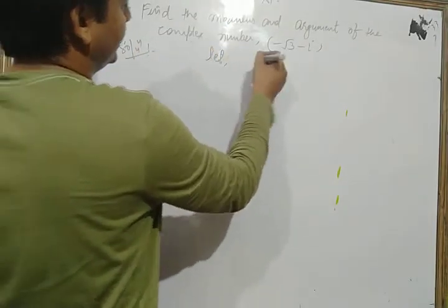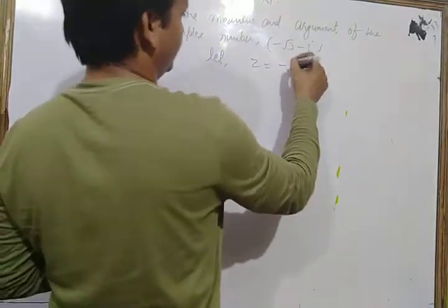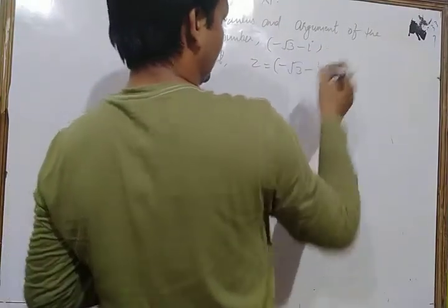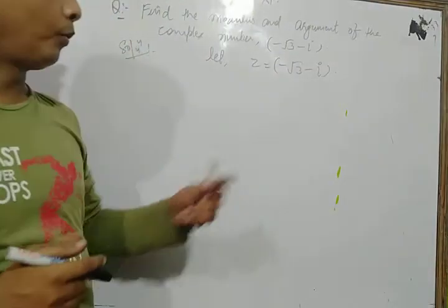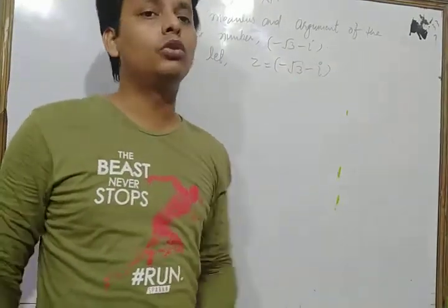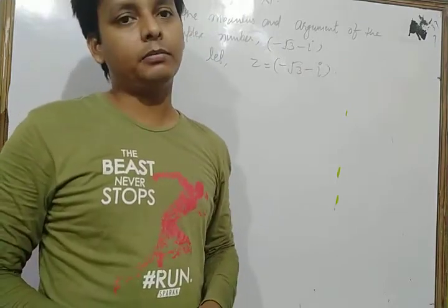First of all, let z is equal to minus root 3 minus i. Now we find the modulus of that.